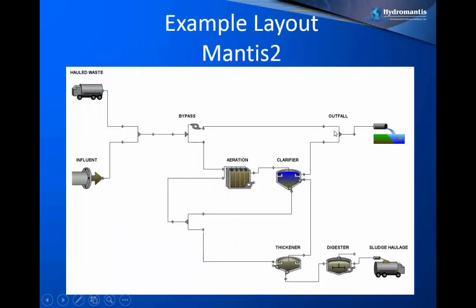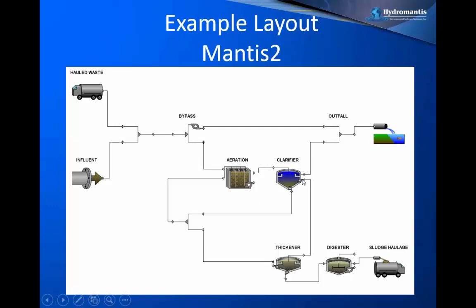Now I wanted to give you a quick example layout which we prepared in Mantis 2. This is a very simple treatment plant in which we have an influent, a batch influent. There is a bypass functionality which is not being utilized. All the flow is going to the aeration tank, then to the clarifier.